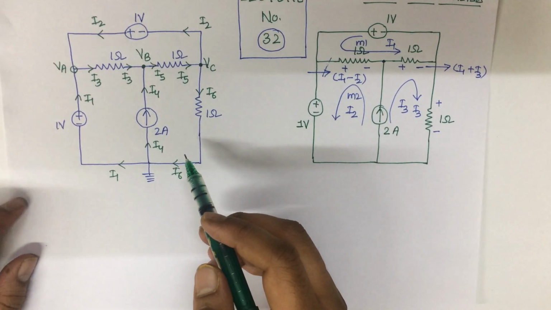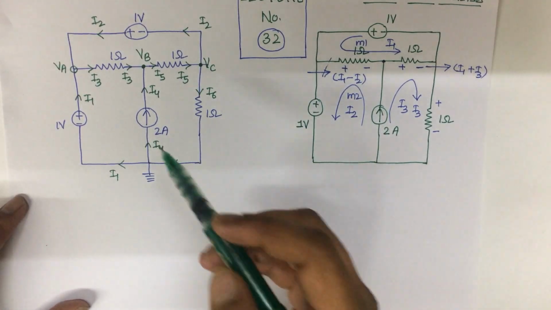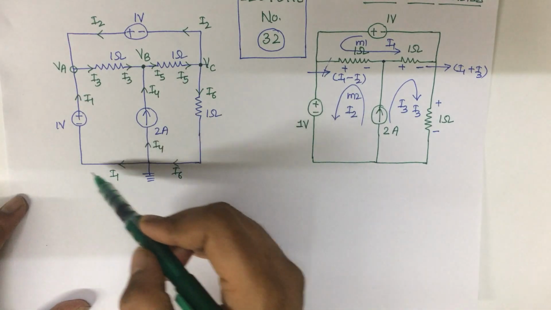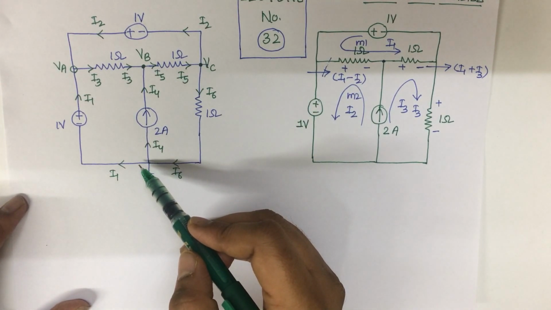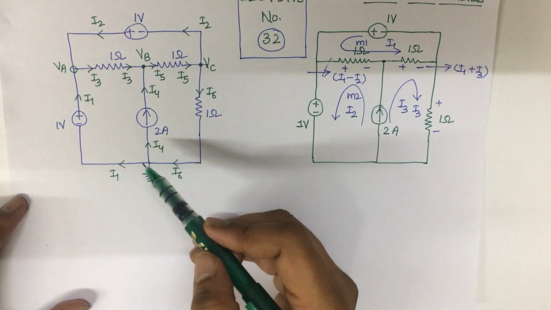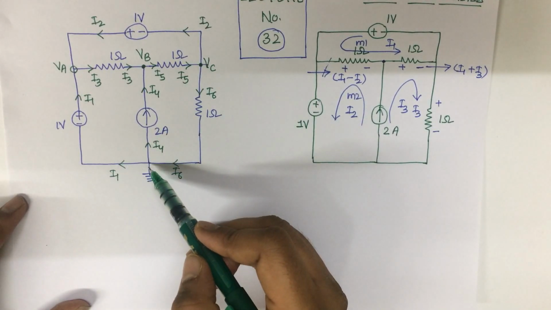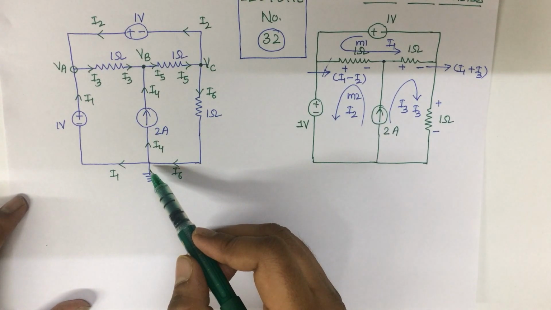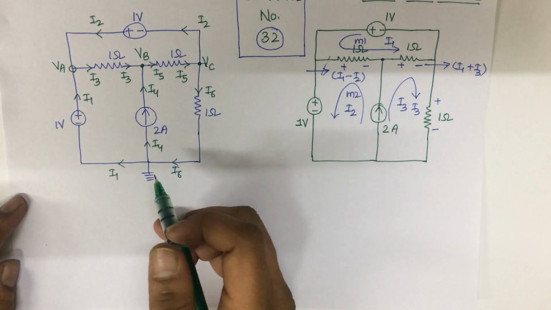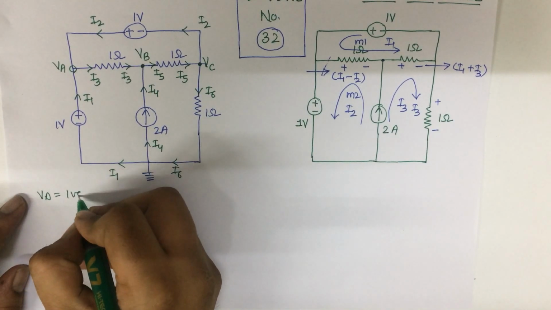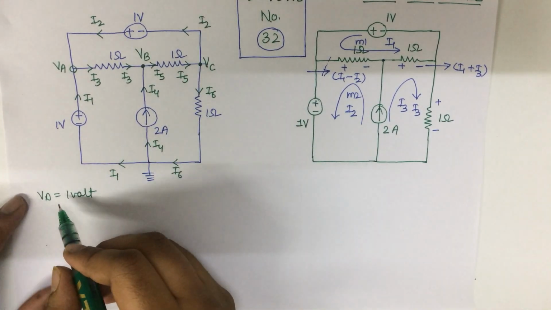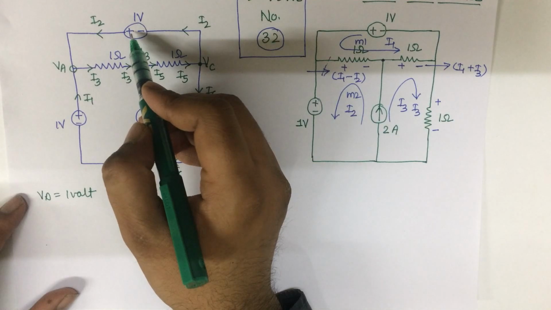After that, we see here this is I1, and in the branch there is no resistance, and one part of this battery is at ground potential, which means VA must be at 1 volt. Also we confirm this from here.